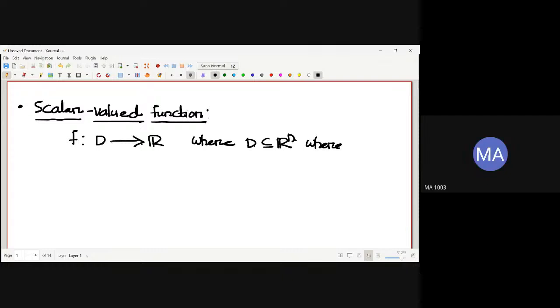So when you have a function from a domain D, a subset of Rn with n greater than 1, you say that your function is a scalar valued multivariable function.